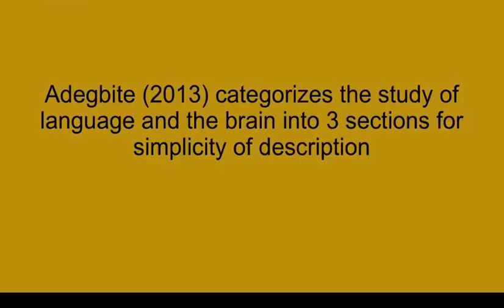We're going to look at these sections one after the other and try to understand how the brain is a major constituent of the nervous system.